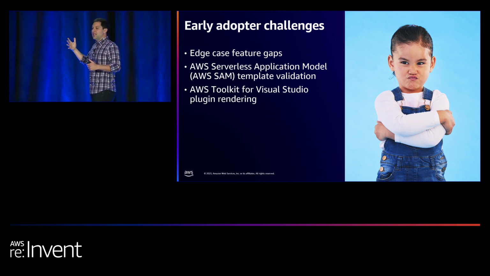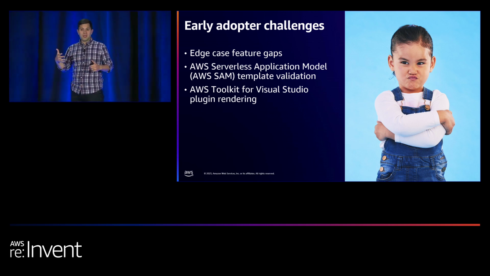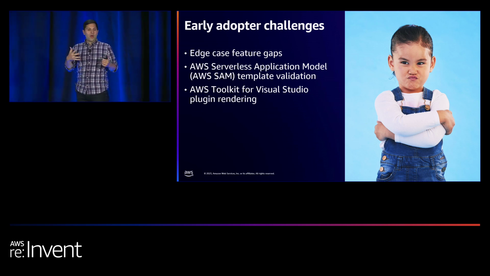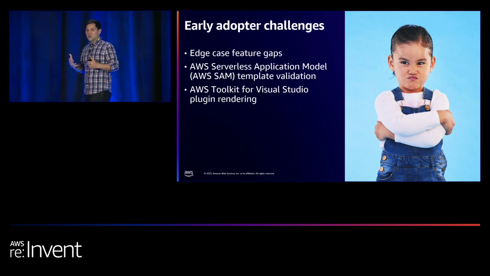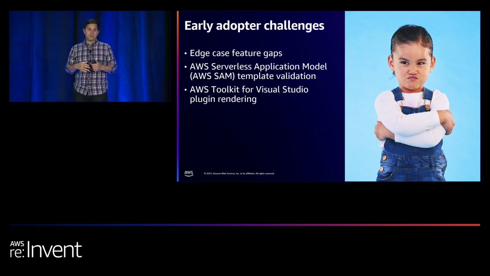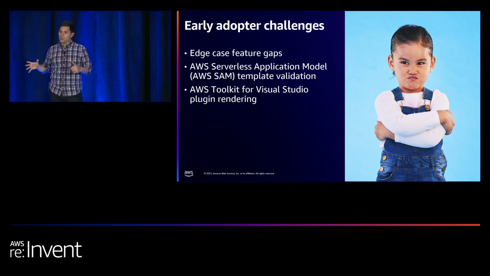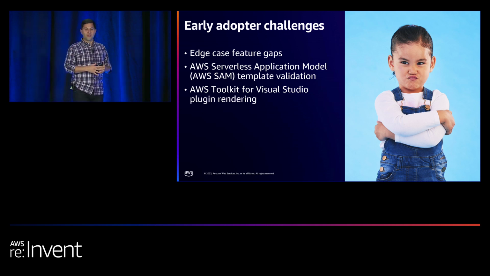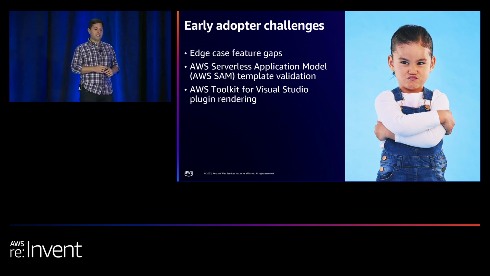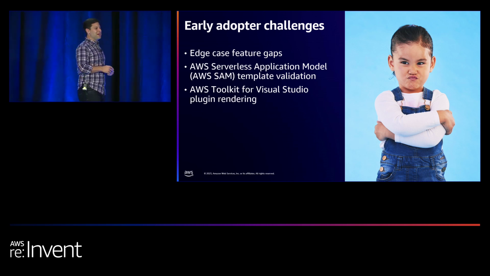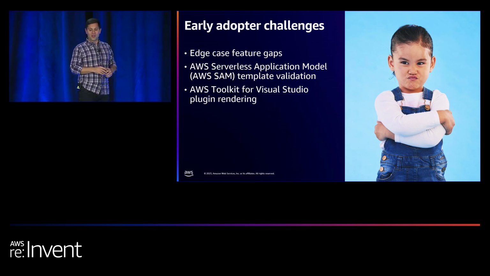We also used the AWS VS Code plugin that initially wasn't aware of how to parse distributed map because it was so new. So there was a bit of a lag between when the Step Functions feature launched and when all the tooling caught up, which was friction in the beginning. Eventually it caught up. We got almost all of these issues addressed, and we have others that we know are coming down the pike. So it really was still worth it, but I'd be remiss if I sat up here and said it was all perfect.